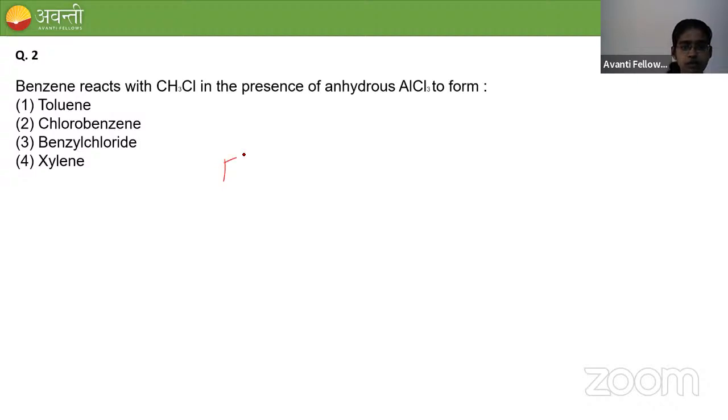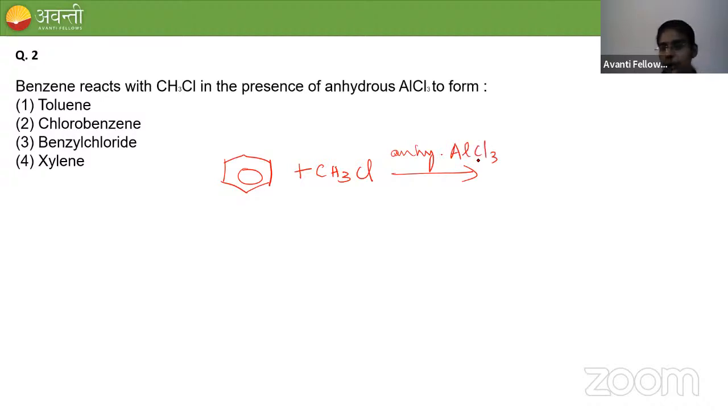Okay. First we'll take a benzene. Benzene on reaction with CH3Cl in presence of anhydrous AlCl3. So this is the electrophilic reagent, and the electrophile that is being generated from this reagent is the CH3 plus, right? So this is the methyl halide part, and the methyl group is the electrophile, which is the alkyl group.